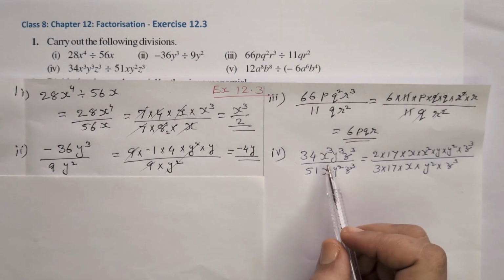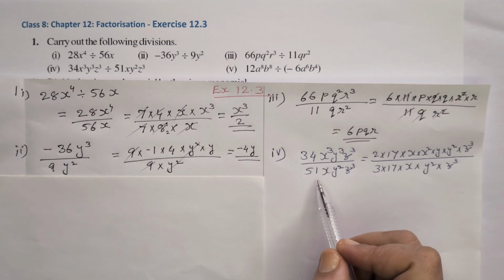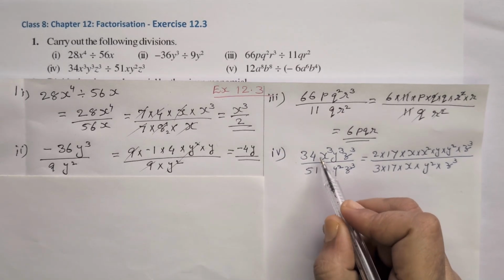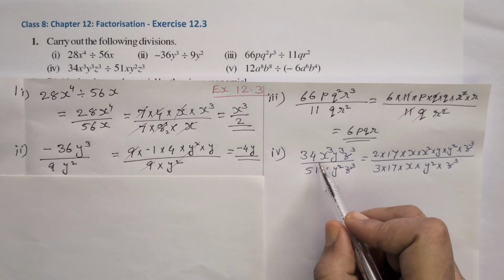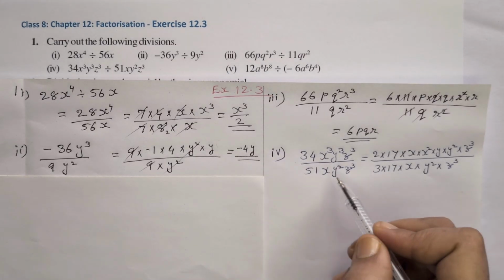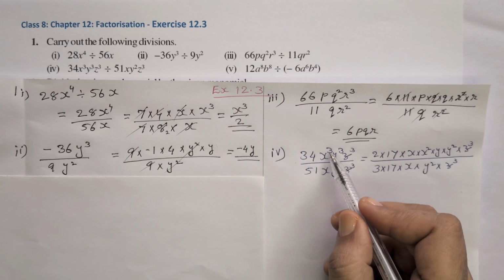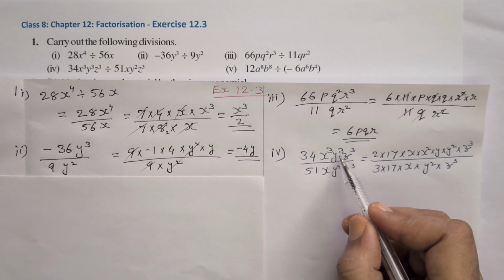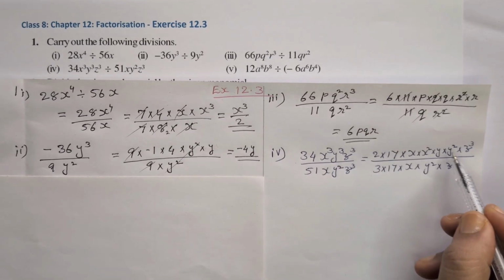Fourth one, 34 x cube y cube z cube by 51 x y square z cube. 34 and 51, 17 is common. 34 we can write as 2 into 17, 51 as 3 into 17. And here 1 x, here x cube. So x cube we can split as x into x square. Here y square, here y cube. So y cube as y into y square.